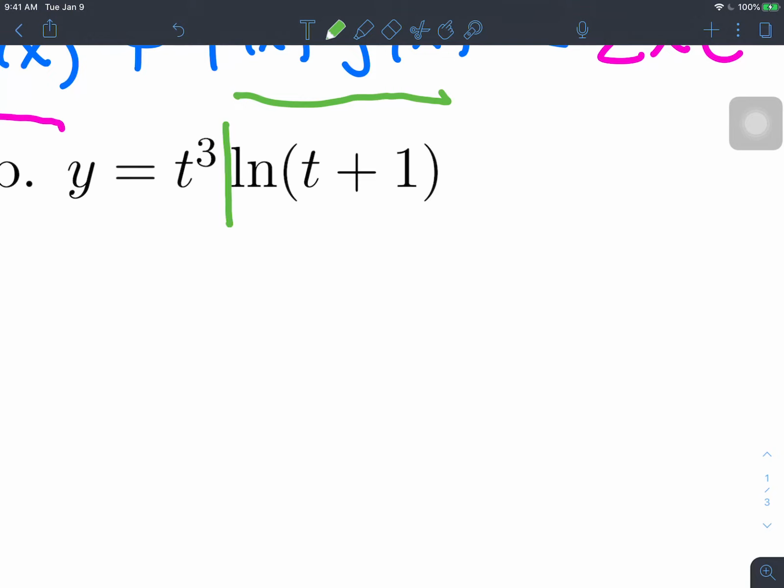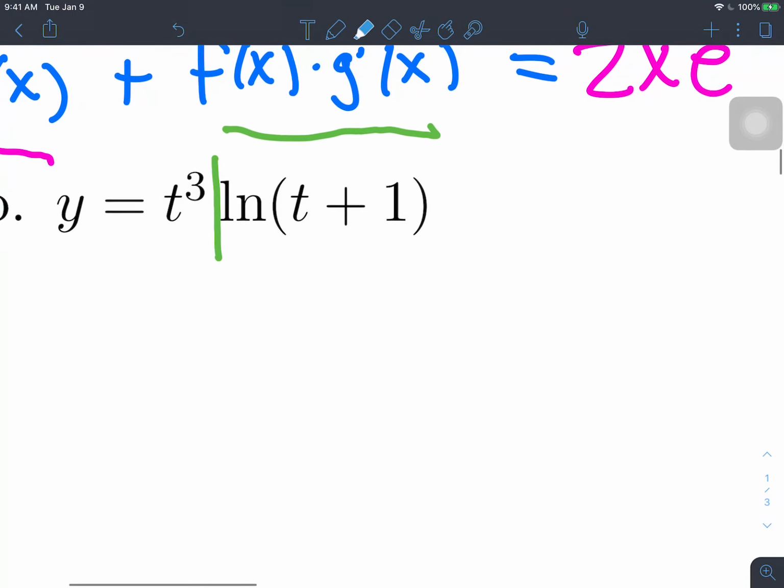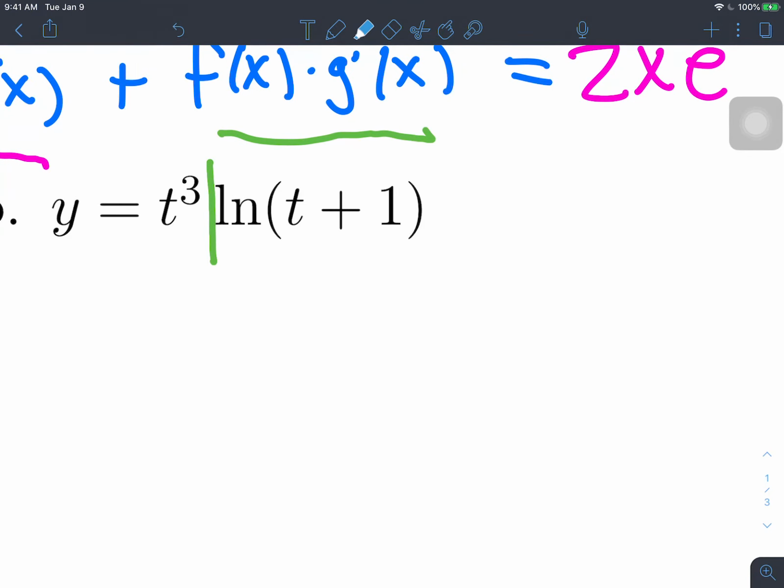Okay, so the reason that we should keep the ln with the other stuff, by the way, is because t plus 1 is sort of inside of the ln function. So what we should think of is not that these parentheses don't go with t plus 1.